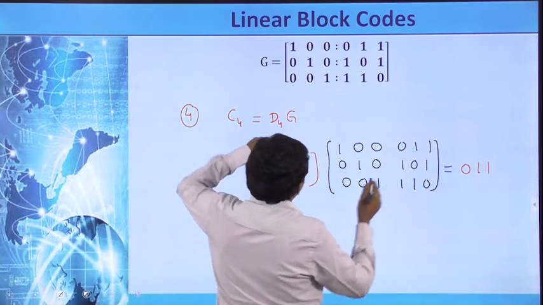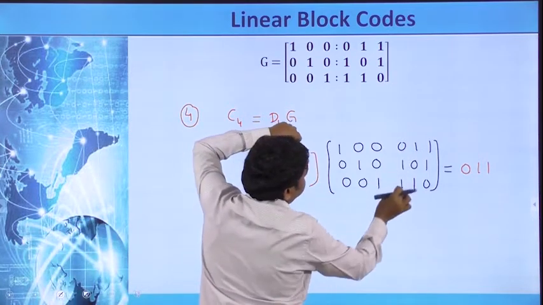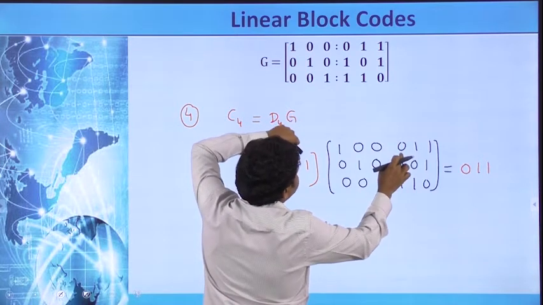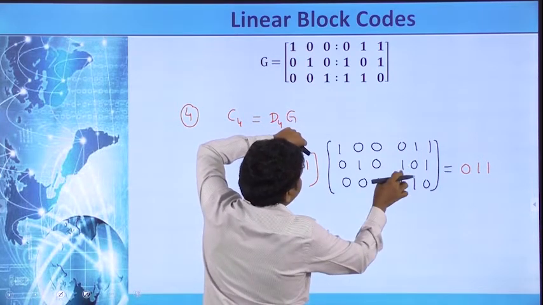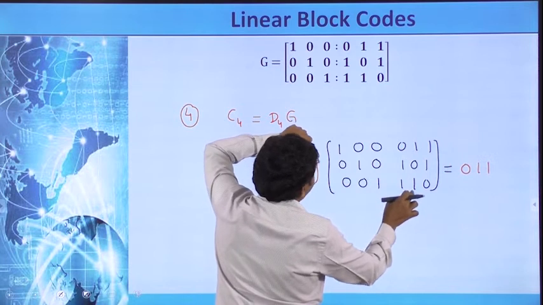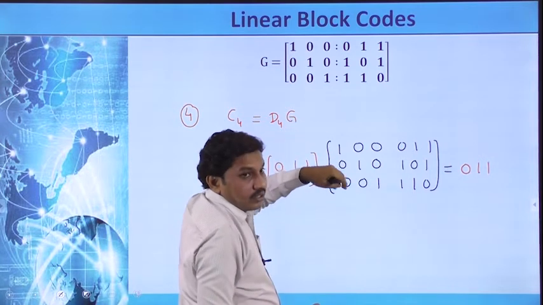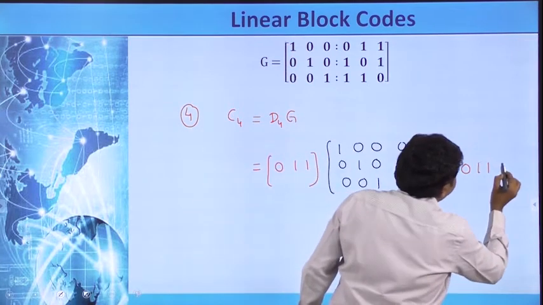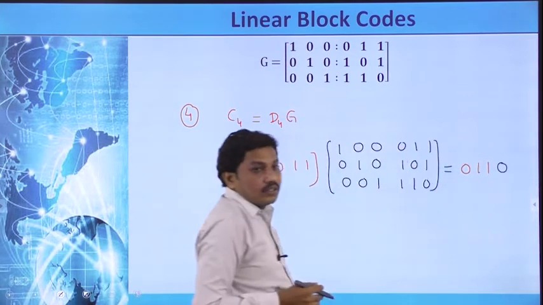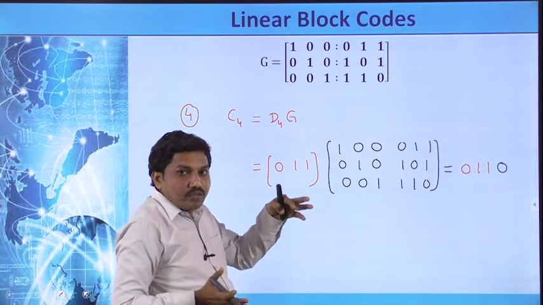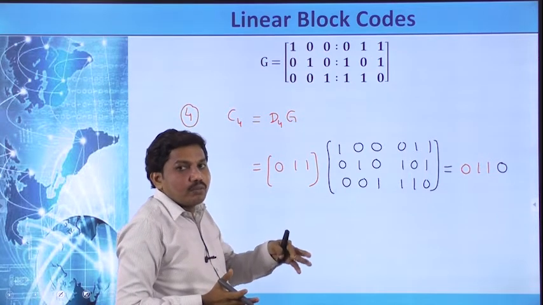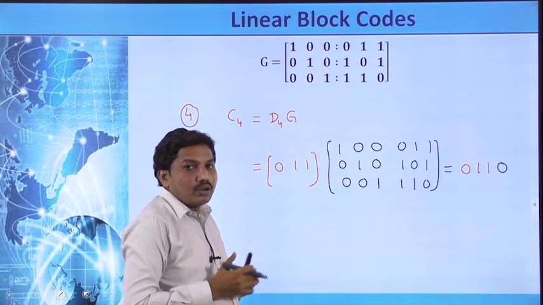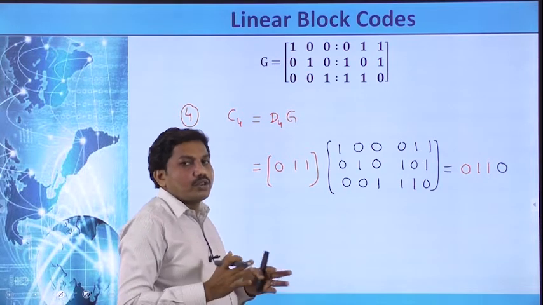Now how to calculate the rest of the bits? Multiply this row with the fourth column. So 0 into 0 is 0, plus 1 into 1 is 1, plus 1 into 1 is 1. That means 0 plus 1 plus 1 is equal to simply 0. We are using modulo 2 addition, which means 1 plus 1 equal to 0.